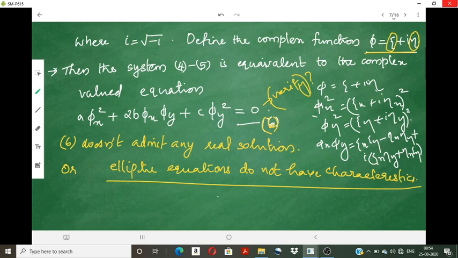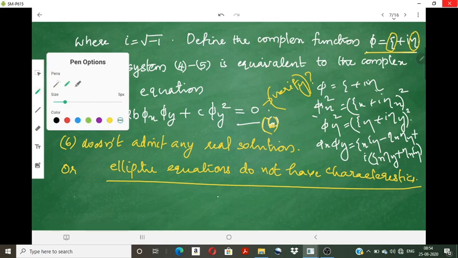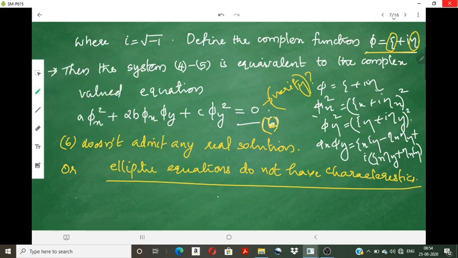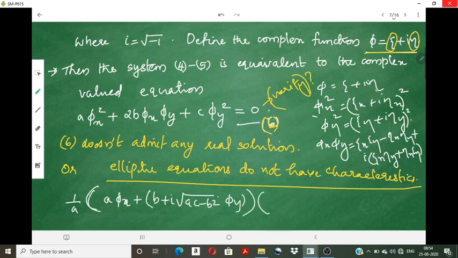So first of all, we can factorize this equation 6 as (1/a)(a φx + (b + i√(ac − b²)) φy)(a φx + (b − i√(ac − b²)) φy) = 0, which is the same as in the case of hyperbolic equations. You can verify this with the hyperbolic case that we have already solved in detail, so please refer to that video.